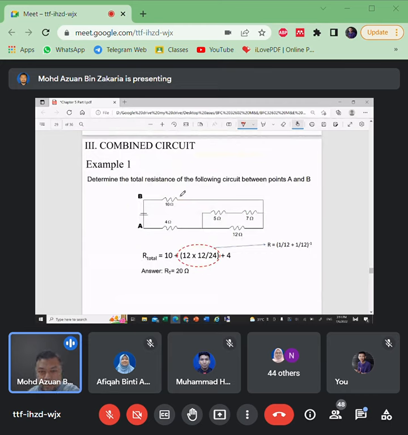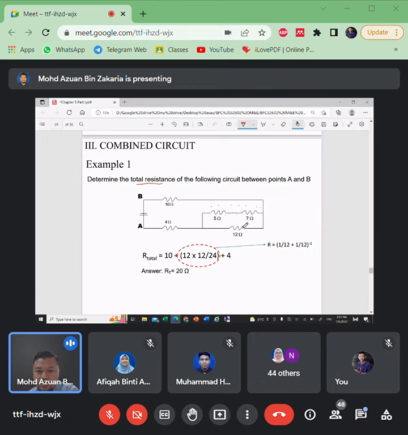So we have all these resistances. We want to know the total resistance. Inside this is parallel, so one of the branches has resistances connected in series.